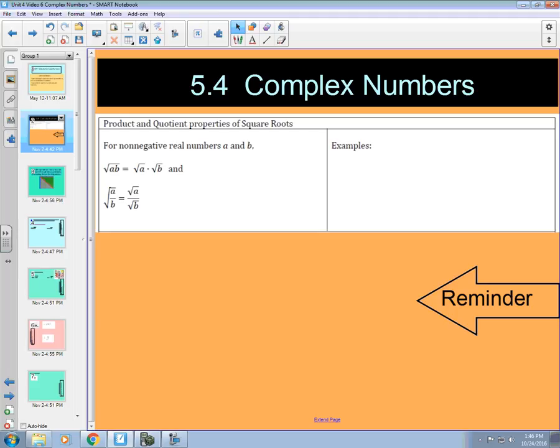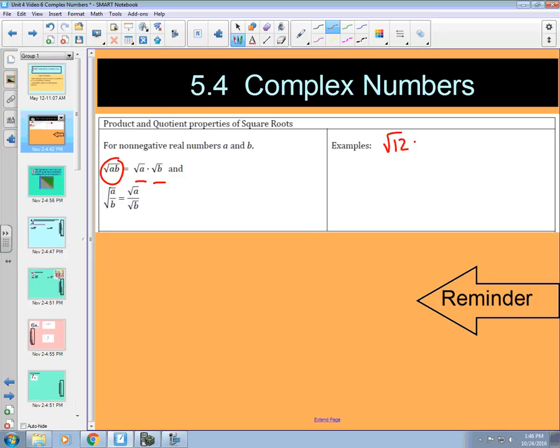Two properties that we are going to be looking at over here: if you have two numbers being multiplied under a square root or radical sign, that is the same as taking the square root of the first number times the square root of the second number. An example of that would be if we had square root of 12.